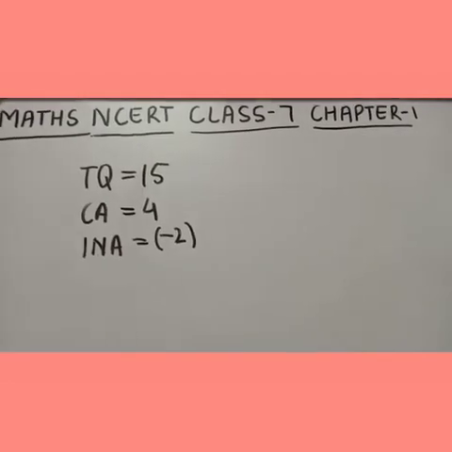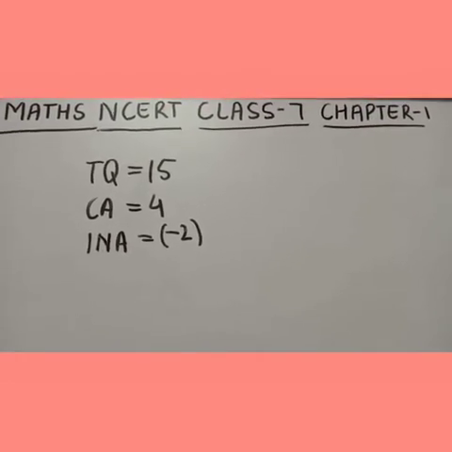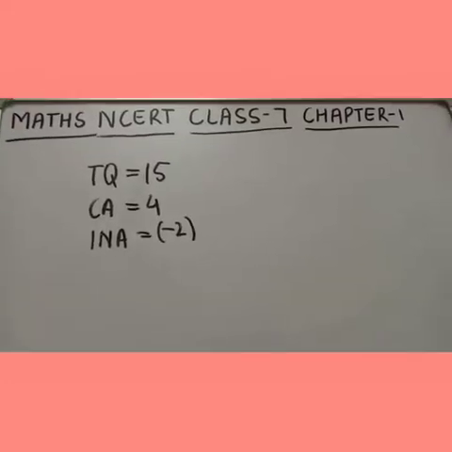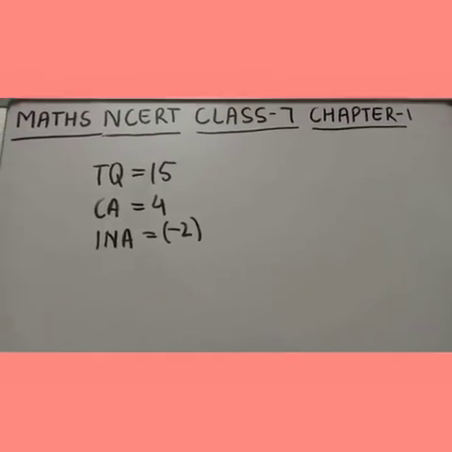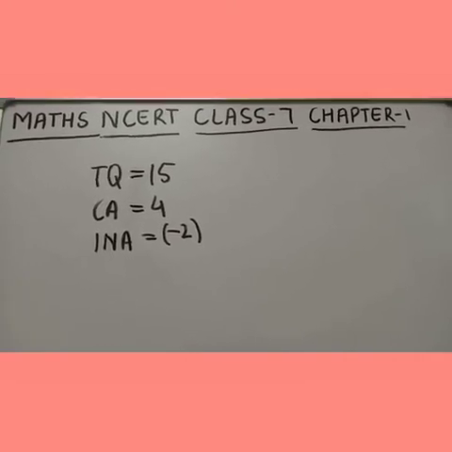Now they have given us the first part. Let's first read out the first part. Gurpreet attempts all the questions, but only 9 of her answers are correct. What is her score?